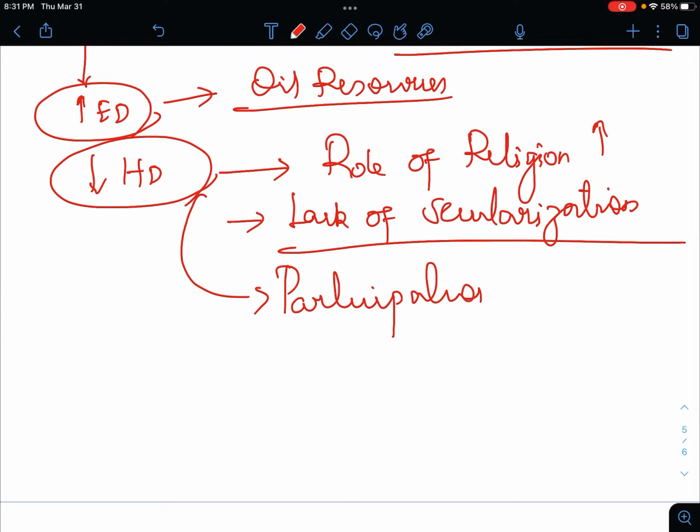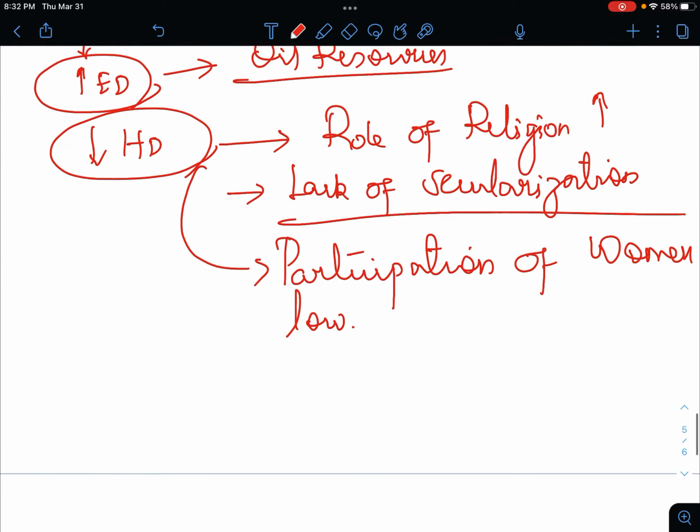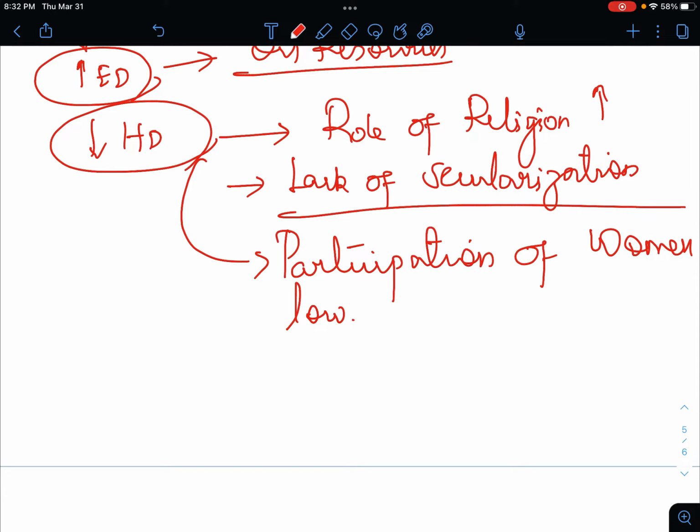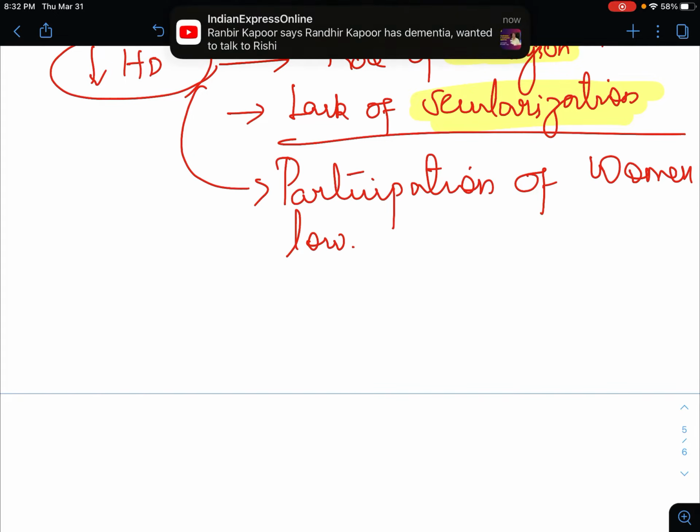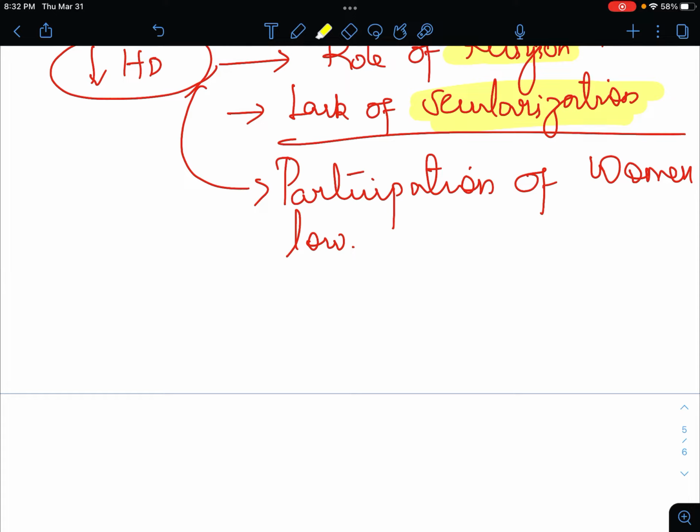So the participation of women is low. So the woman empowerment is not there. Okay, it is low. See, this secularization is mentioned in your perspectives topic. I have linked it. Religion also mentioned in your perspectives. Okay. Now, poor human development is because of participation of women is low. And as per IMF, when woman is not participating in an economy, it will not reap its full benefits.